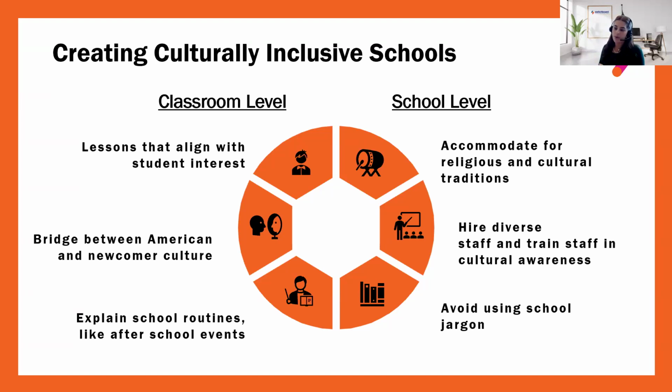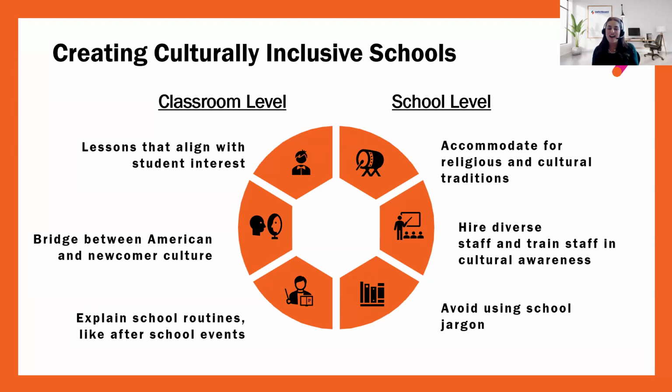make sure that you have practices that are accommodating for religious or cultural traditions that schools have. Make sure that your staff is reflecting your student population. So make sure that there's diverse staff members, but also that there's a lot of initiatives on training on cultural humility, and avoid school jargon as much as you can, right?